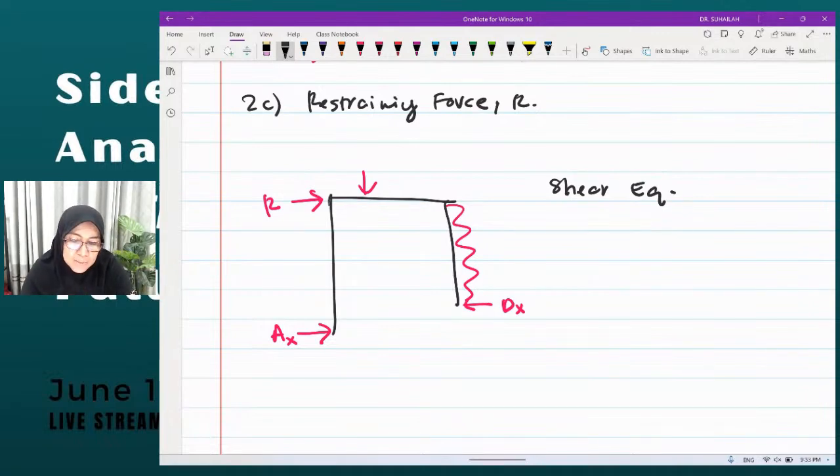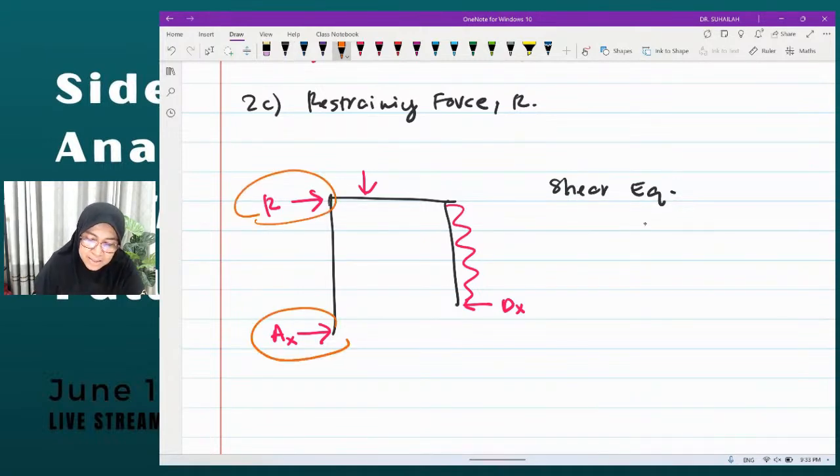Because we have to analyze the column, and shear for the column is in horizontal displacement. When talking about side sway, it is delta, and the delta is a horizontal displacement. So it is R, AX, DX, as well as the 40 kN load.